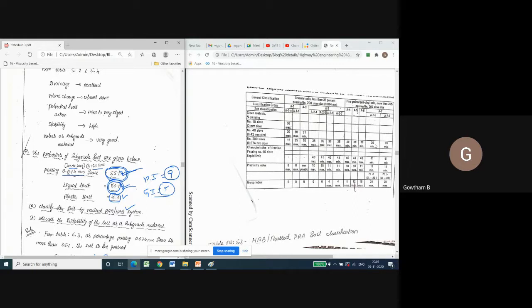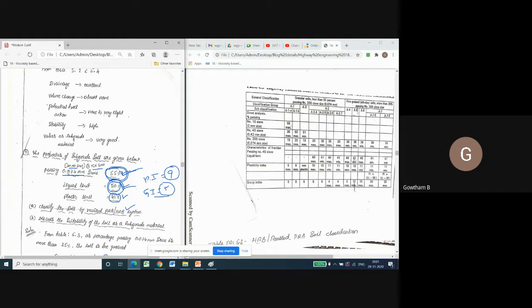But here, specific classification you have to do. For that, you should see the liquid limit of A4, A5, A6 and A7. If I want to call a soil A4, the liquid limit should be 40 maximum. What is our liquid limit? 50. Therefore it won't come under A4. If I want to put it under A5, 41 is the minimum liquid limit I should have, and maximum is unlimited.